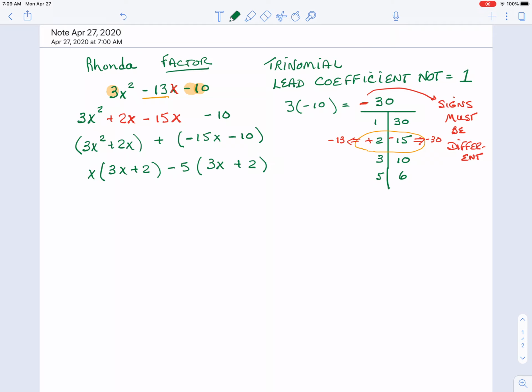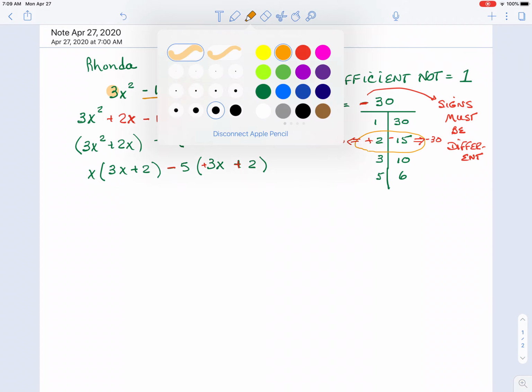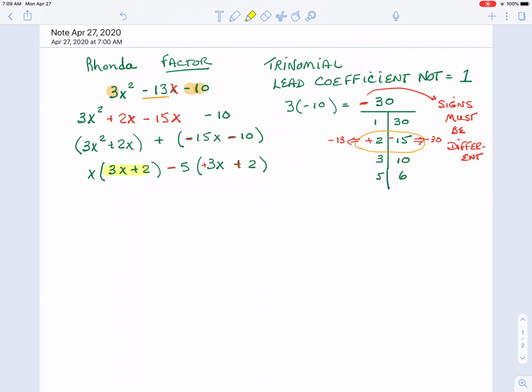Notice how where I had a negative and a negative inside the parentheses, when I pulled out the negative common factor, both of these reversed sign inside the parentheses. Okay, so I'm almost there. I'm noticing here this 3x plus 2 in the parentheses is the same parentheses.